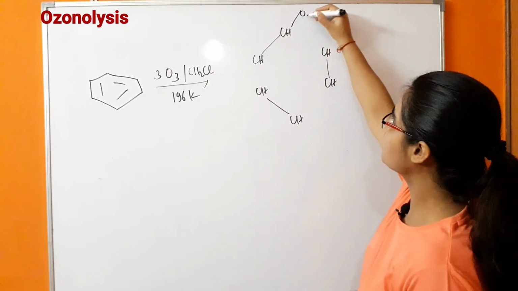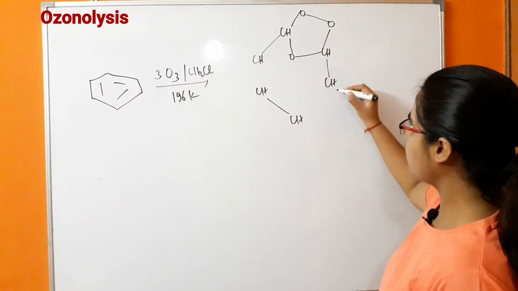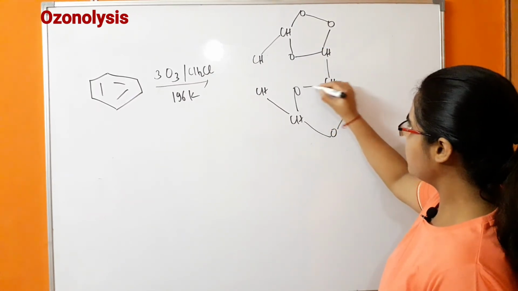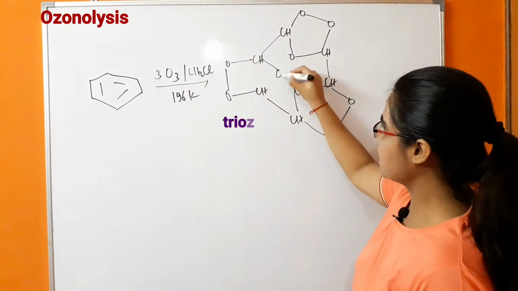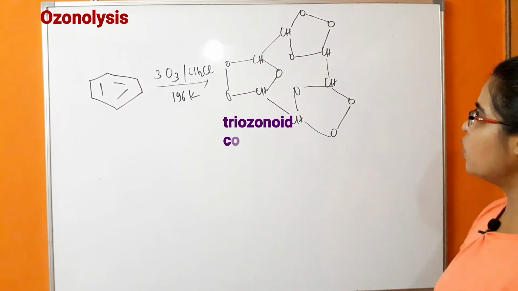It means a tri-ozonoid compound is formed. So this is the tri-ozonoid compound which will be formed.